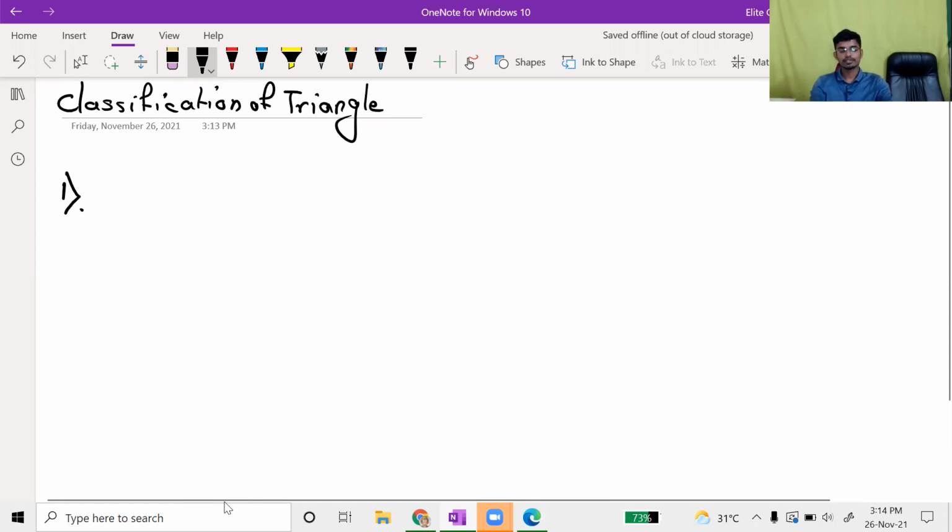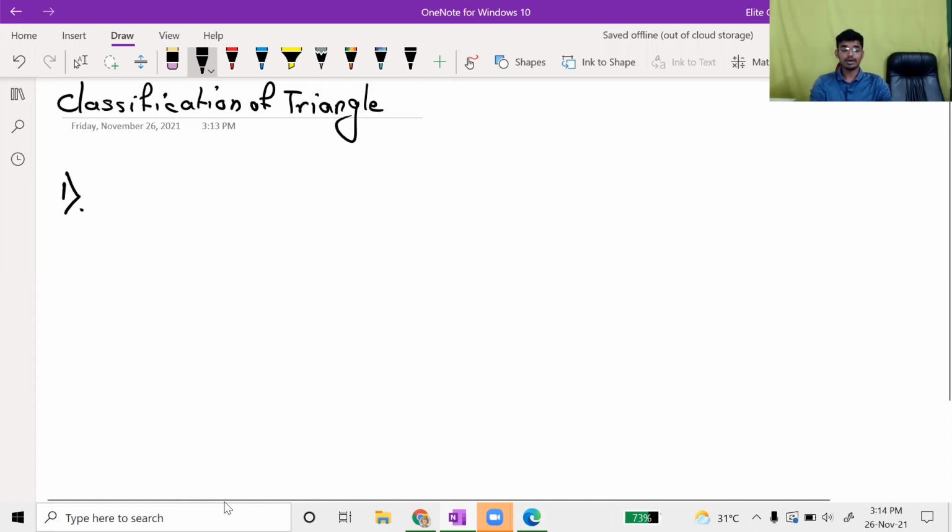See, first there is the equilateral triangle. In an equilateral triangle, all the angles and all the sides are equal. The second is the isosceles triangle. In an isosceles triangle, two sides are equal and two angles are equal. Then the scalene triangle.